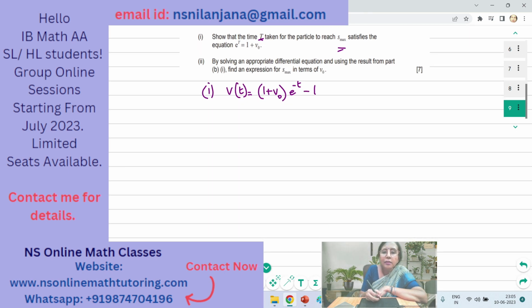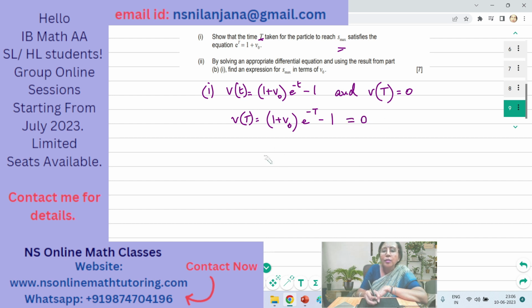And V of capital T is equal to 0. So V of capital T is 1 plus V0 times e to the power of negative capital T, minus 1, and this is equal to 0.